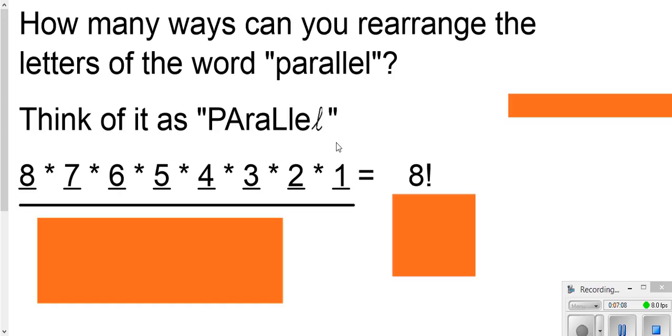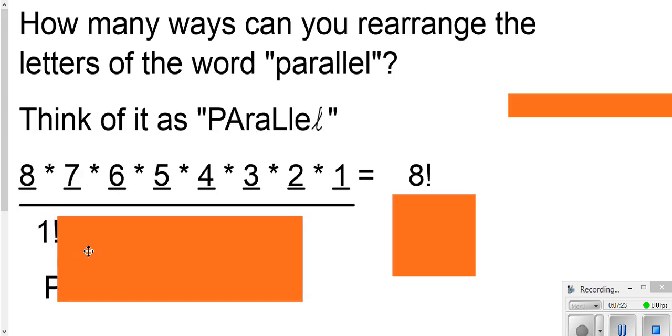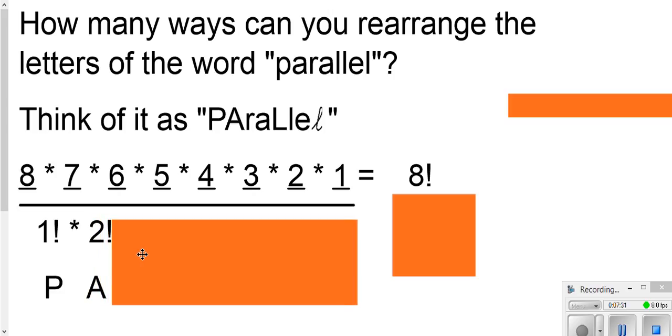But you'll notice we do have some letters being repeated. We have a couple A's showing up. We have 3 of the L's showing up. But then we also have an R and an E and a P. So P shows up once, so we're going to put down 1 factorial. The next letter that we have is A, and that shows up twice, so we're going to divide by 2 factorial.